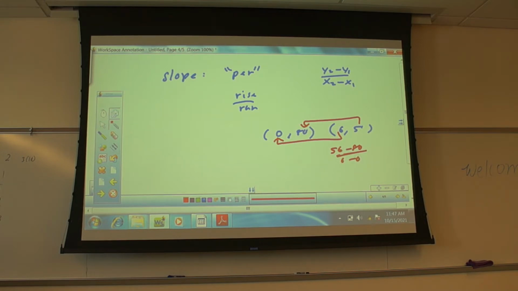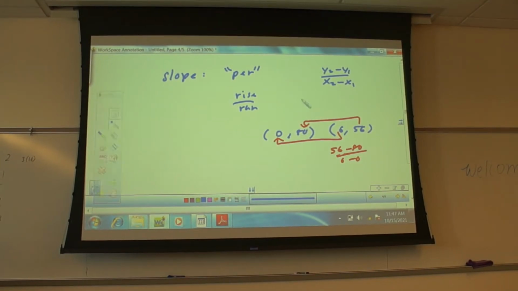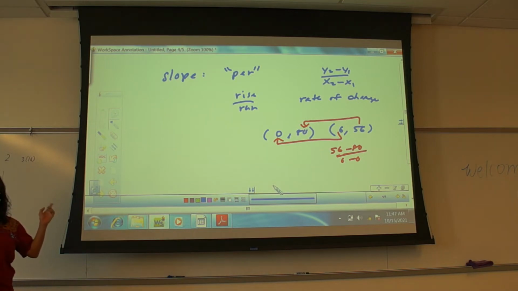My bad. You can give all sorts of different options, but this is your rate of change. So you should have all this stuff down there under slope, whatever you need to do to help you best remember what slope is. You should take a picture of this or write it down, so that if you're struggling with figuring out what slope represents, you have a picture of this.